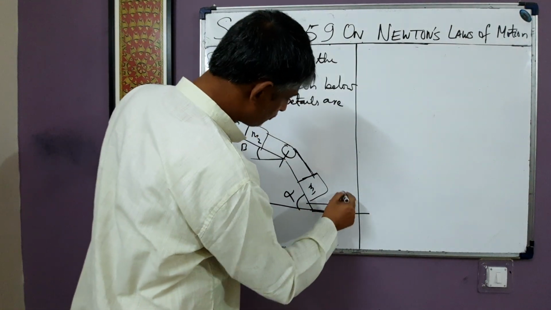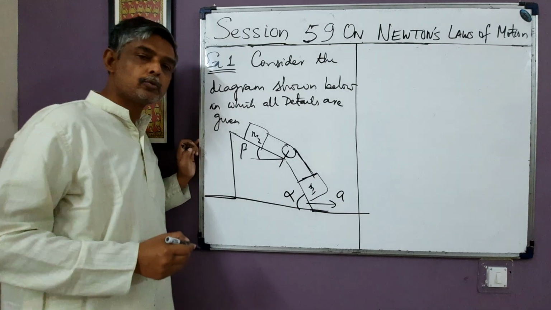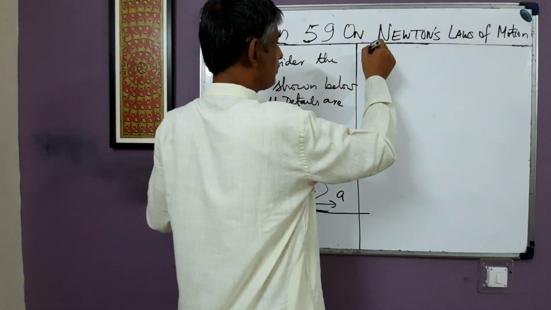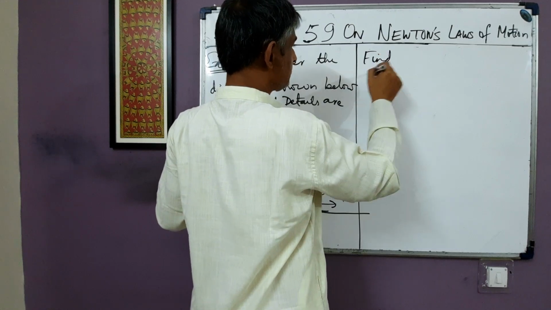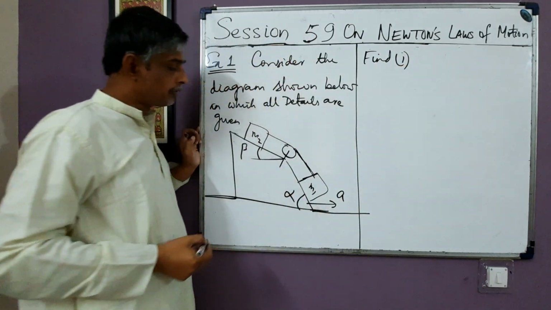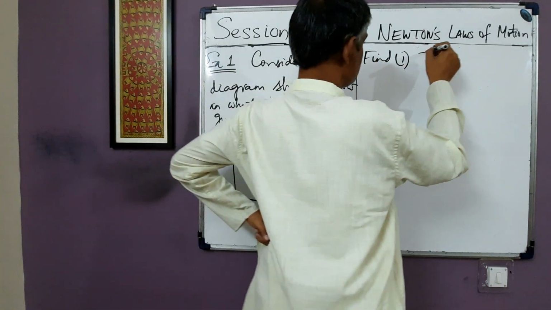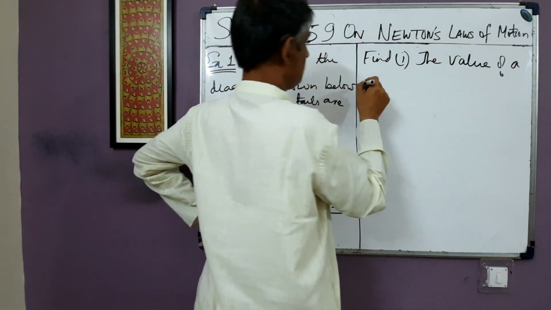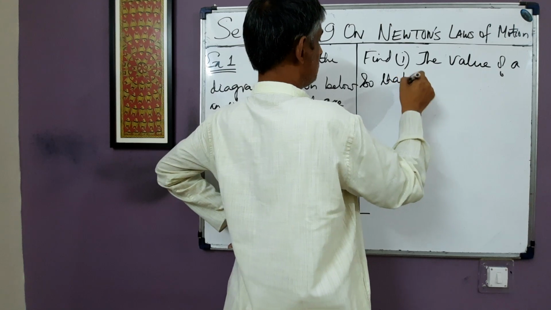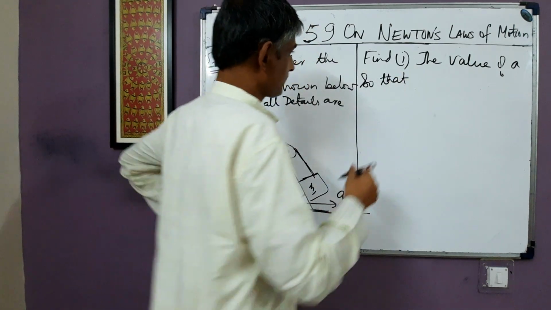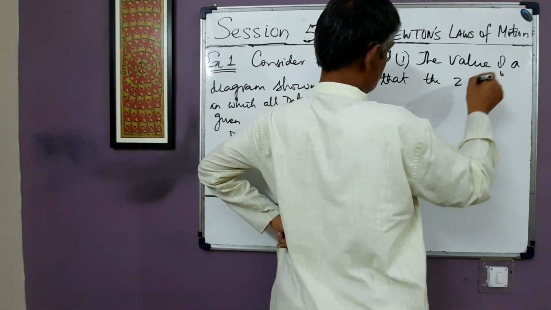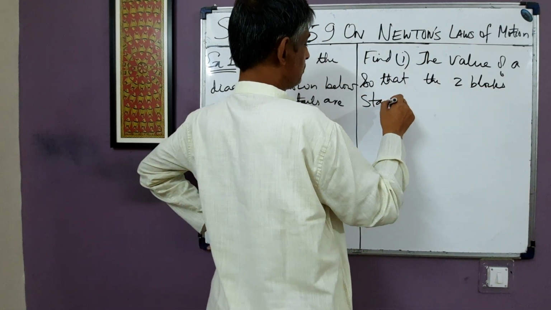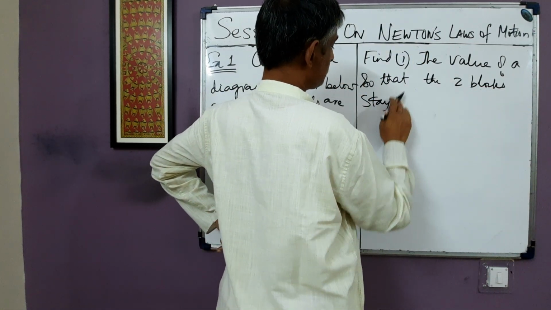Now the wedge is made to move at a constant acceleration a with respect to ground towards the rightward direction. Question is, we have to find two things. First, the value of a so that the two blocks stay motionless with respect to the wedge.